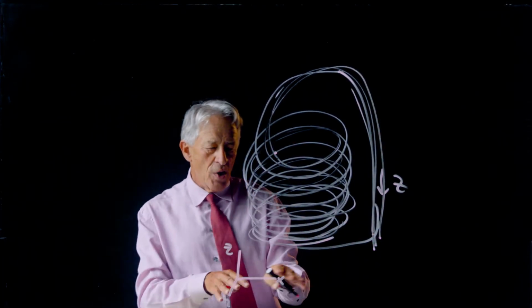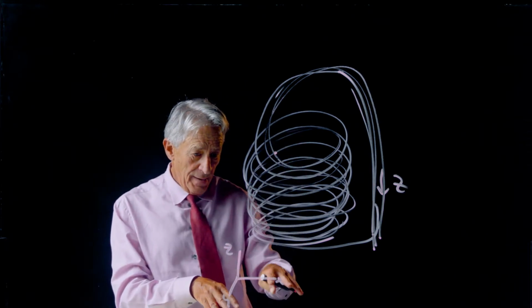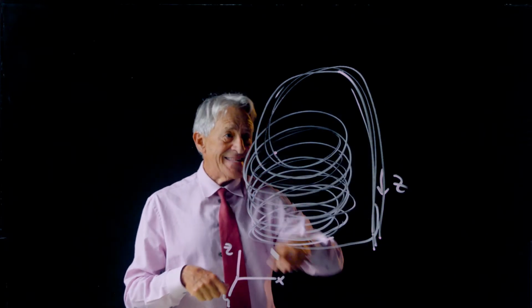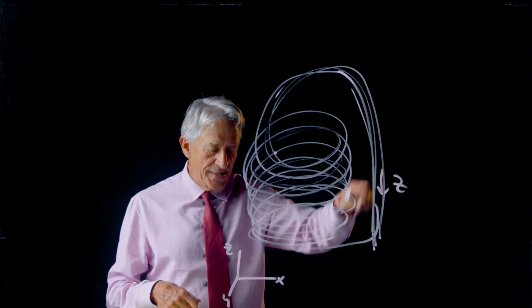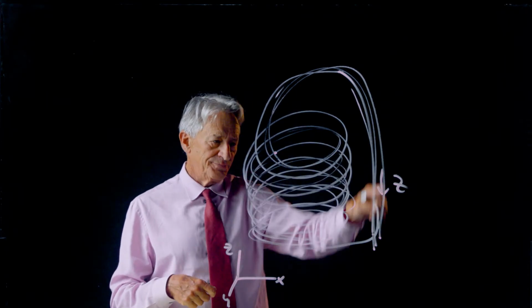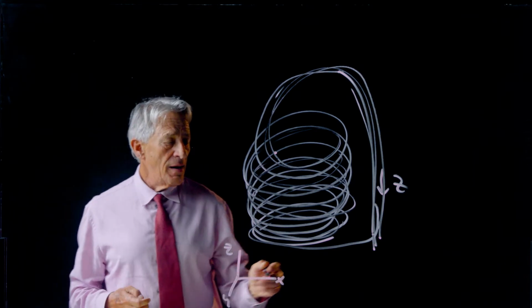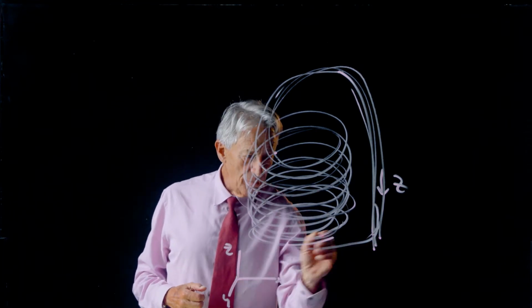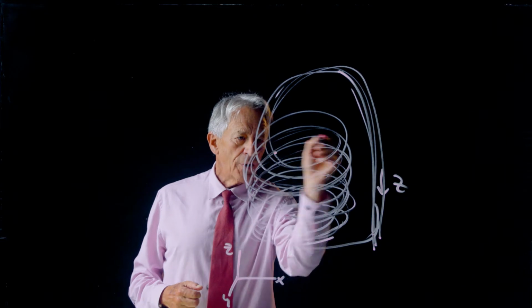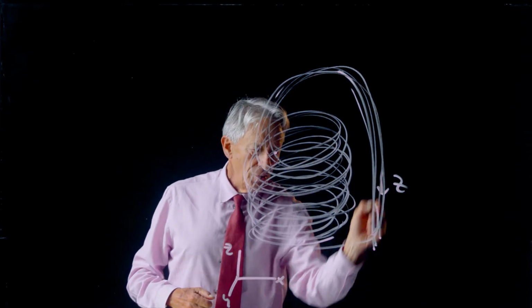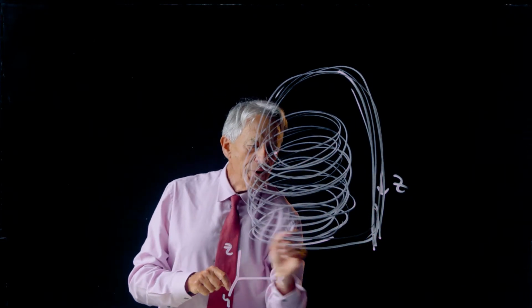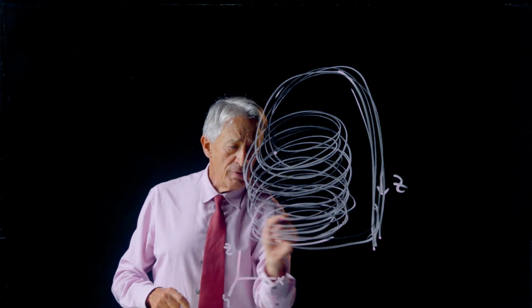So we have the XY oscillator, and we have the ZY oscillator. And those two combine, and every time this comes around, we're going to sketch in always finding new points.